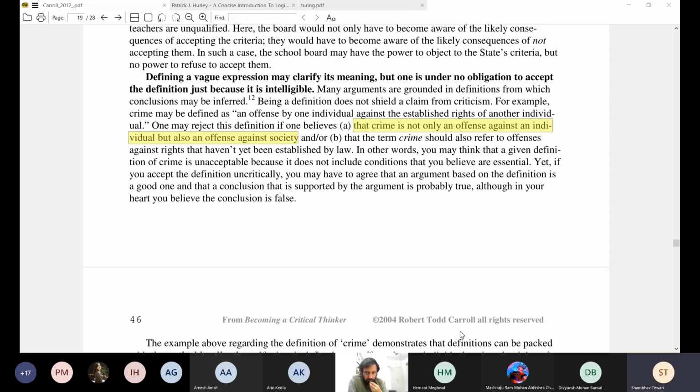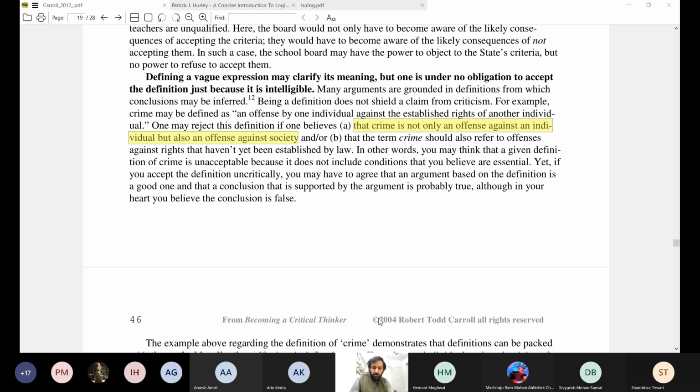Yeah, if somebody believes, say, something like prostitution or drug use is immoral or against societal values and hence should be disbanded, in that case, he can consider prostitution or drug use to be a crime against society. In prostitution there is no victim per se because it is between two consenting adults, but yet it should be considered a crime in that person's opinion. That's right.